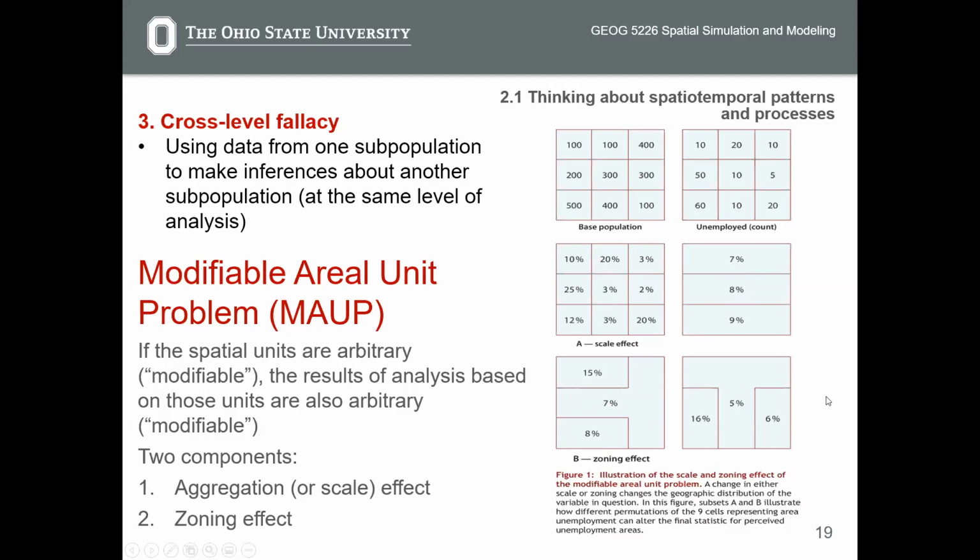So this is a game of planning, of zoning. According to your specific method, at a specific scale, at different scales, or even at the same scale with different zoning methods, you could have totally different conclusions.